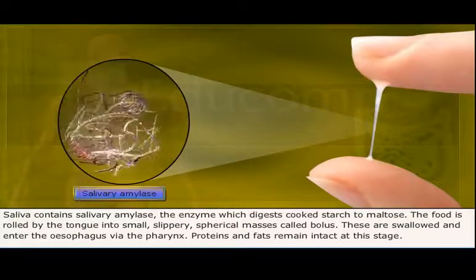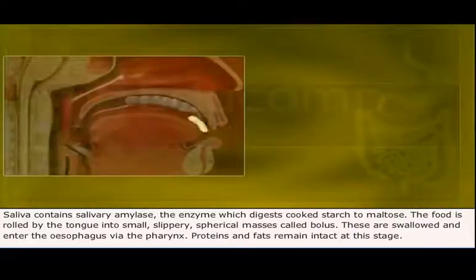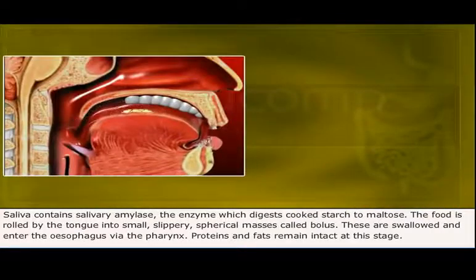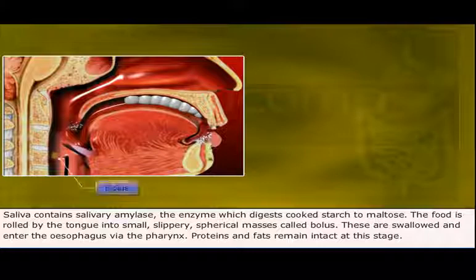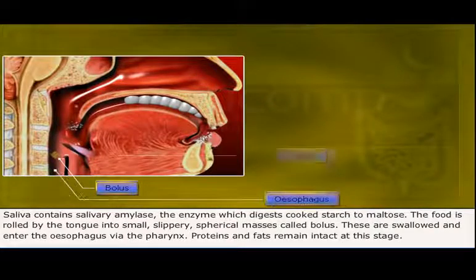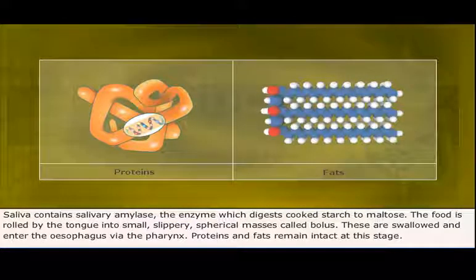Saliva contains salivary amylase, the enzyme which digests cooked starch to maltose. The food is rolled by the tongue into small, slippery, spherical masses called bolus. These are swallowed and enter the esophagus via the pharynx. Proteins and fats remain intact at this stage.